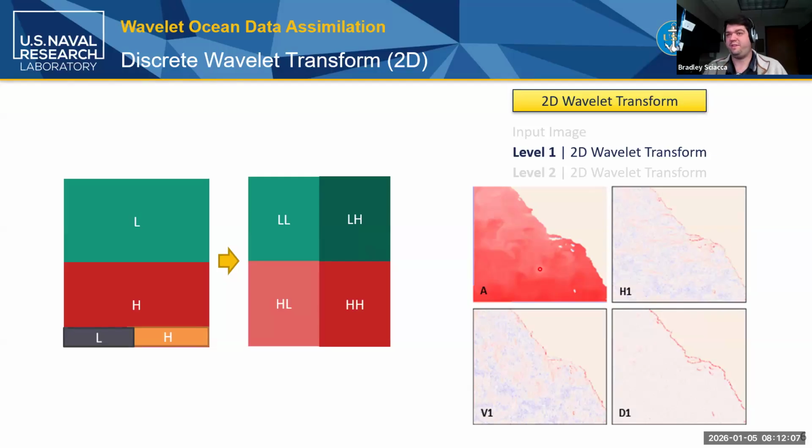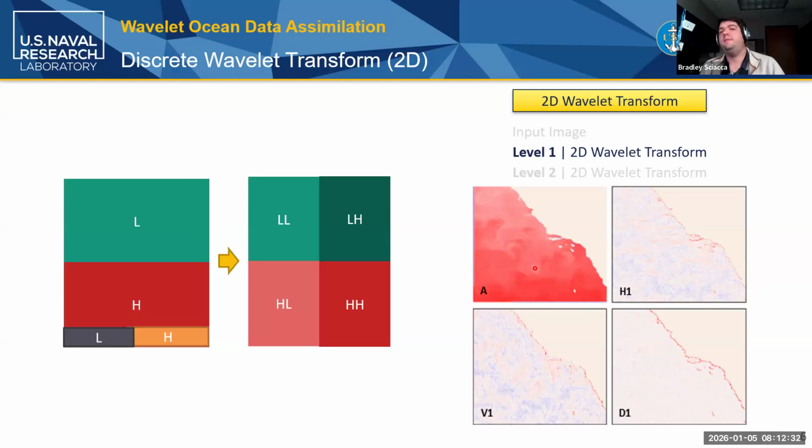You can get why these have these particular names. If you look very closely, you can see that this has horizontally shaped details here, and this has vertically shaped details, and this has diagonal, which is a little bit harder to see. And this approximation is essentially just a smooth approximation of your input signal.